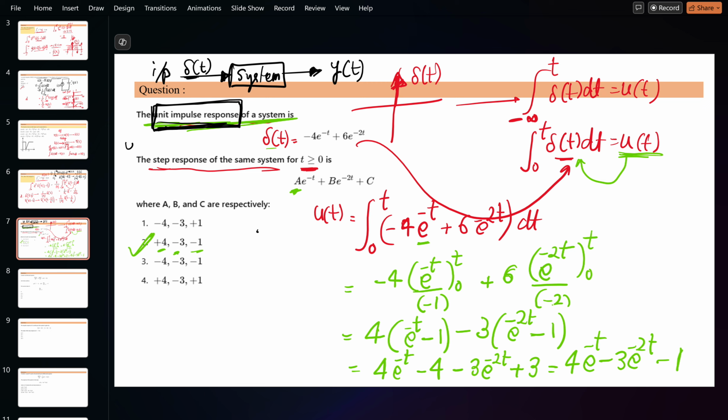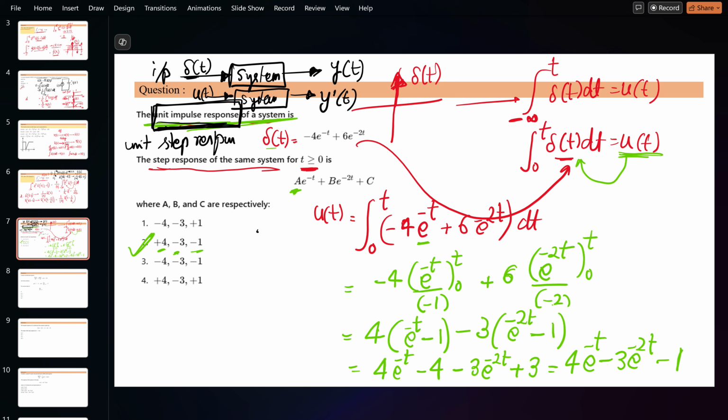If the question was saying unit step response, it means that the system's input was u(t), and after that you got some output y dash t. You don't have to go into the depth; you will read it in the signals and systems chapters.